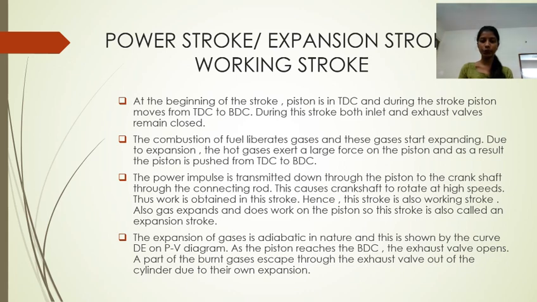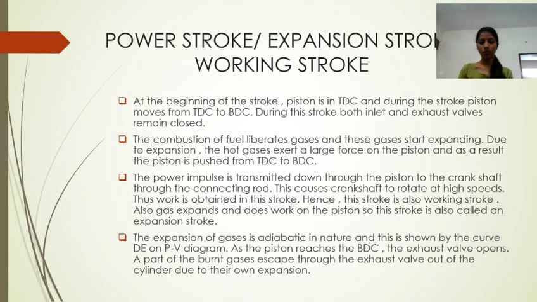The hot gases exert a large force on the piston, and as a result, the piston is pushed from TDC to BDC. The power impulse is transmitted down through the piston to the crankshaft through the connecting rod. This causes the crankshaft to rotate at high speeds.